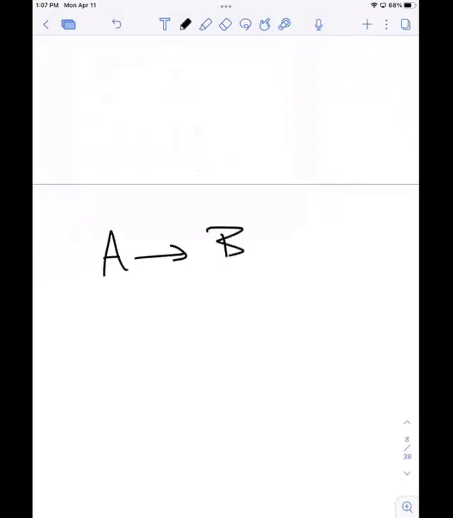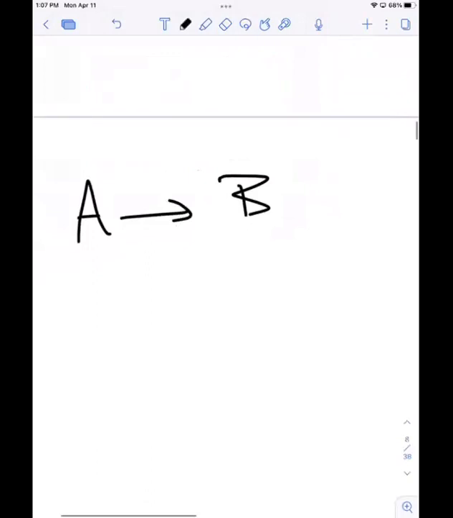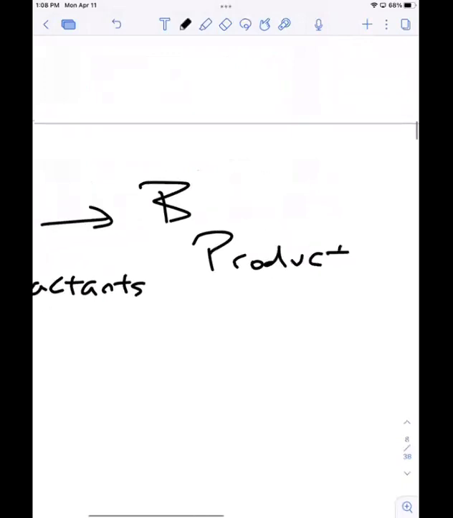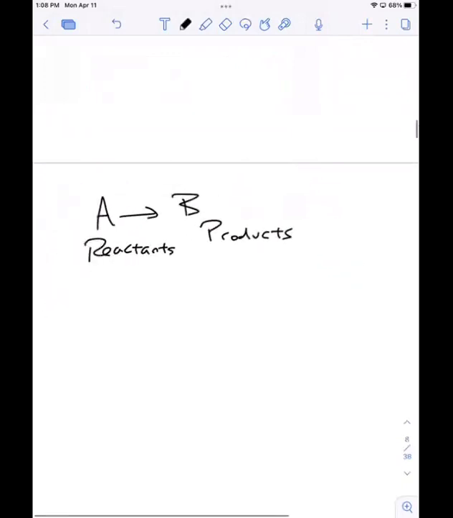Let's say we have a reactant A going to B. A is the reactants, B is the products. When A gets converted into B, something happens to A and it's being transformed into B.